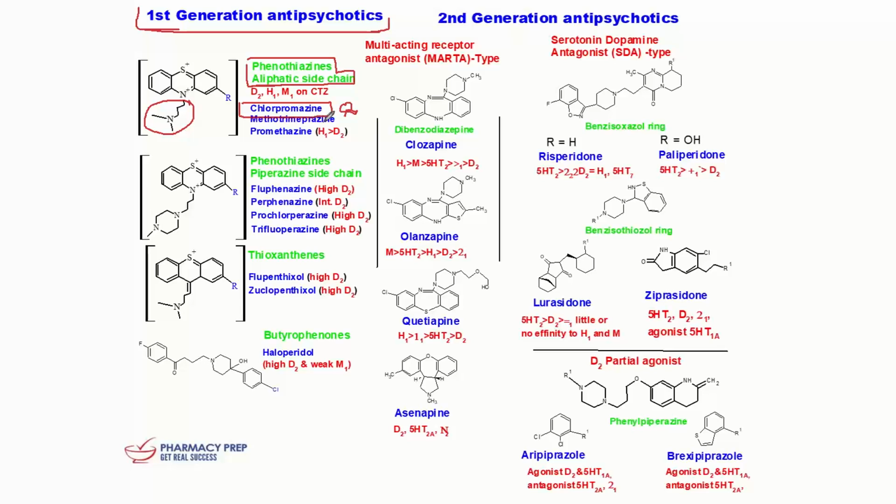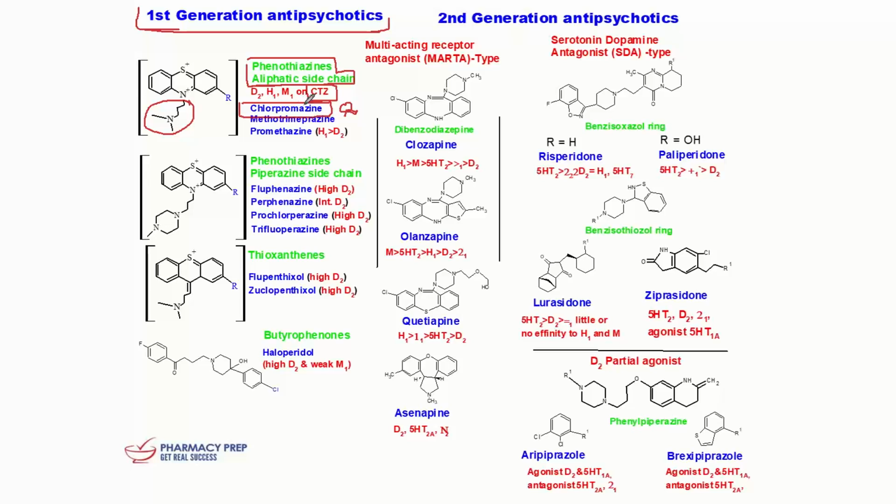The reason it is effective is that chlorpromazine is non-selective, but it does act on the chemoreceptor trigger zone, which is the nausea vomiting center in the brain and consists of dopamine, histamine, and muscarinic receptors.